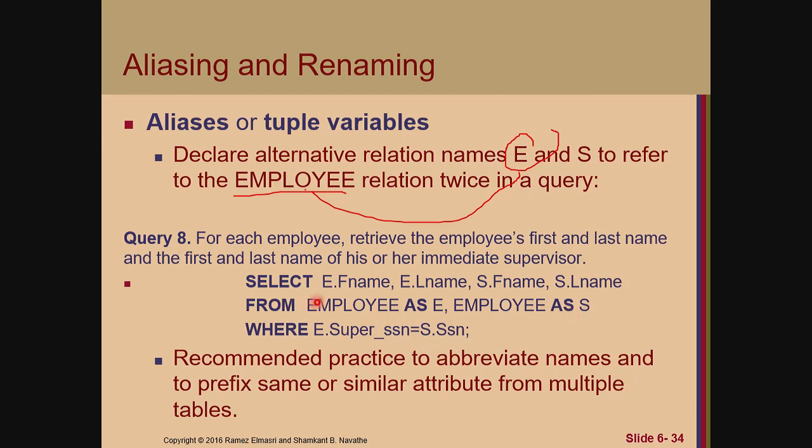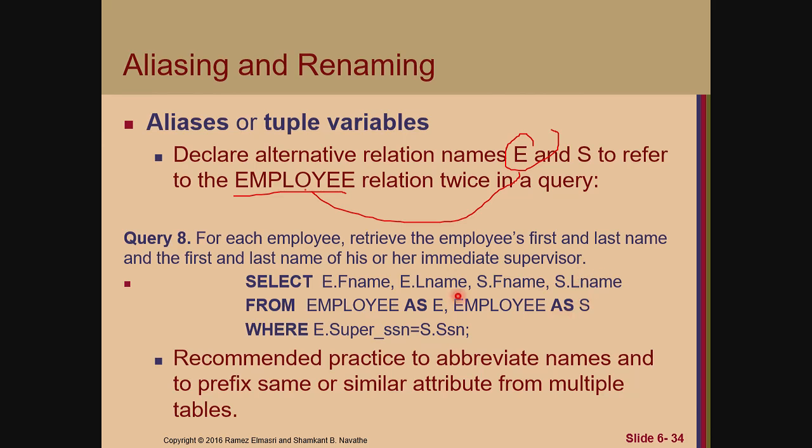And when we select, as you can see, we have to identify where the first name comes from, because here is the first name of the employee, not the supervisor. We just want the name of the employee here for the first two columns, and the other two columns are the name of the supervisors.